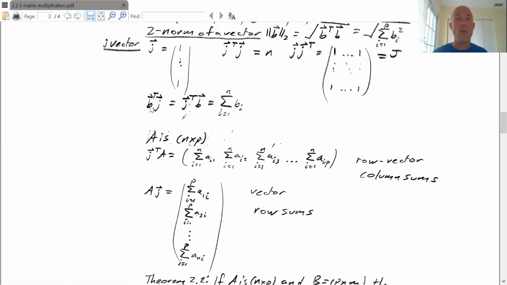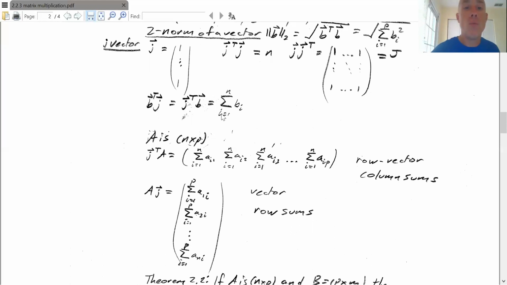Now another formula is that the transpose of B times j is the same as the transpose of j times B, and that is going to be the sum of the entries in the B vector. And so if I use this formula and divide by n, I get the sample mean, right? Nice.